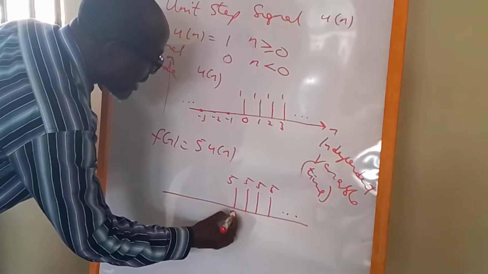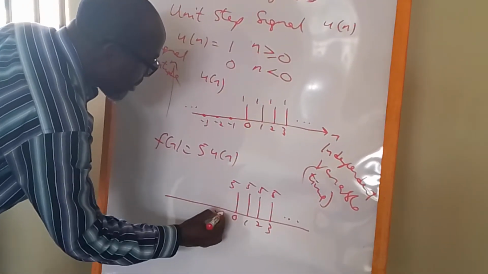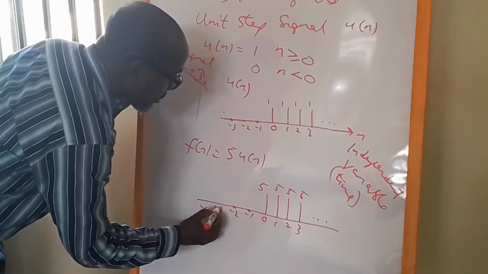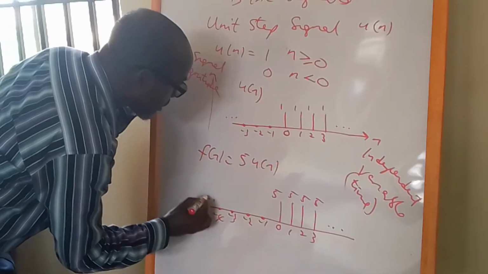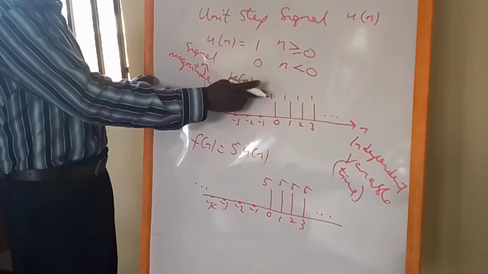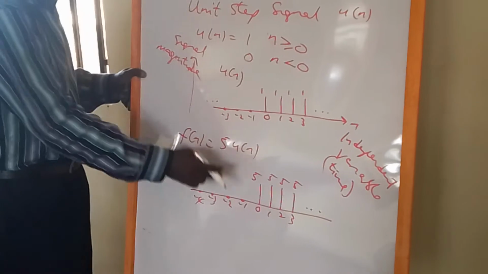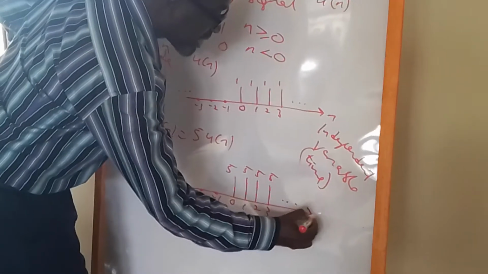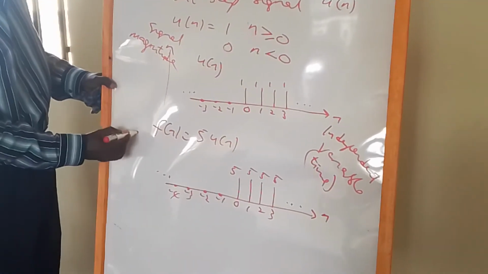That trend continues like that. For -1, -2, -3, -4 it is 0. This is just multiplying the magnitude by 5. So we are not tampering with n. This is known as scaling.